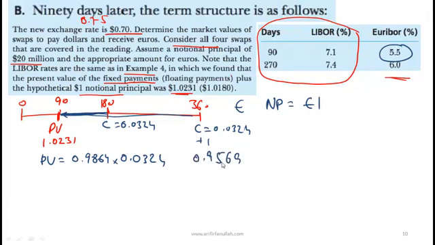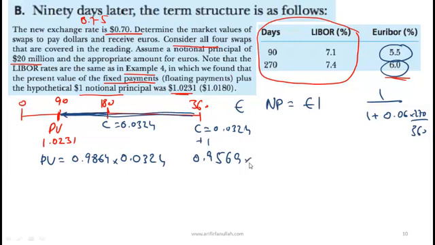How do we get 0.9569? This is based on what rate? This number would be based on 1 over 1 plus 0.06 multiplied by 270 over 360, since this length is 270. So this factor is 0.9569.